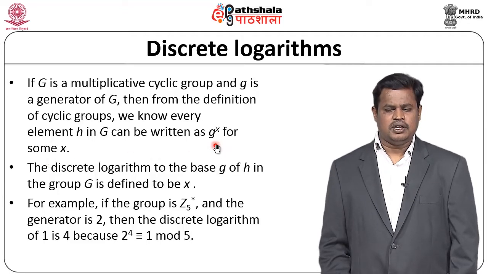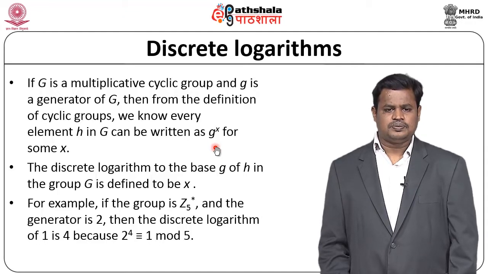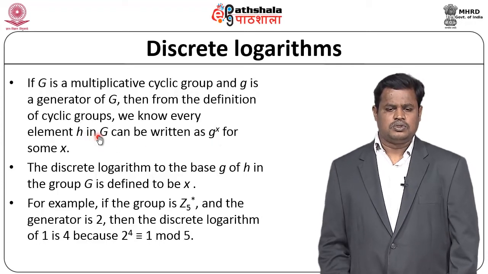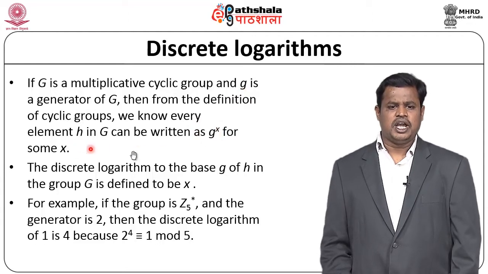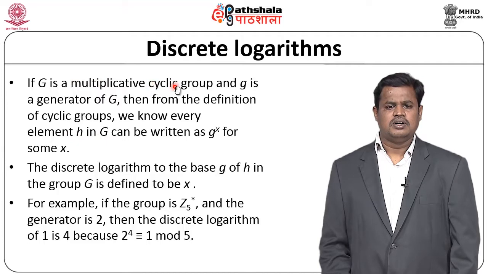So, what is a generator here? The generator must be able to generate every element in the cyclic group. If I take a multiplicative cyclic group and there exists a generator g, then definitely the generator g, with respect to some x, should be able to give the value of h in G, that means every element in G. Then we can say G is a multiplicative cyclic group.